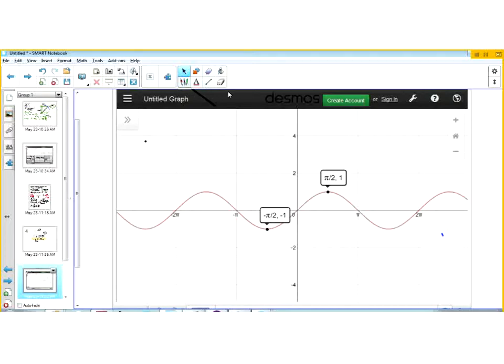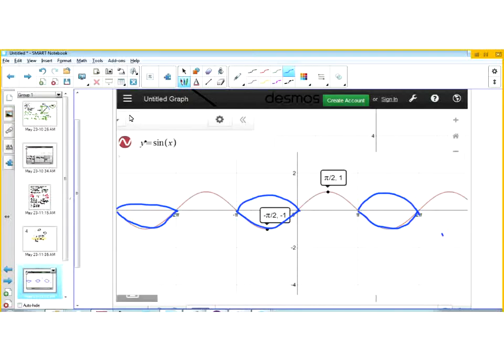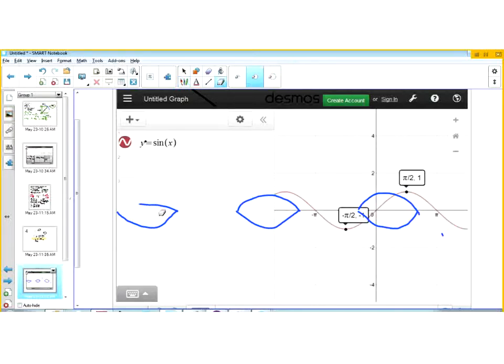So all of these parts that you're seeing below the t-axis, right here, we have some negative stuff here. So taking the absolute value is going to take the negative stuff and reflect it about the t-axis like that. So we have to flip the negative stuff above the t-axis. So that's what we would expect the absolute value of the sine function to look like.